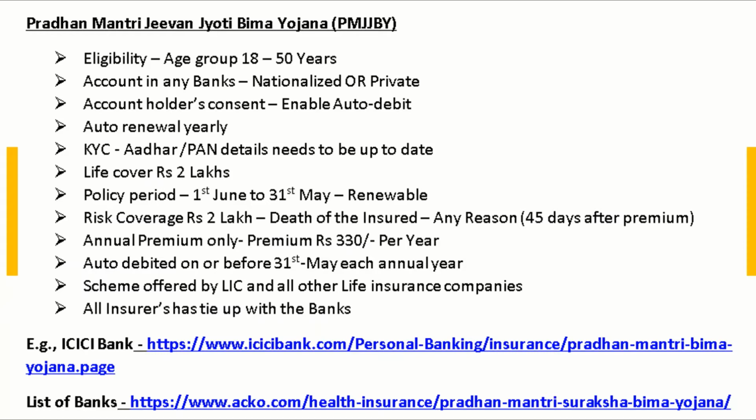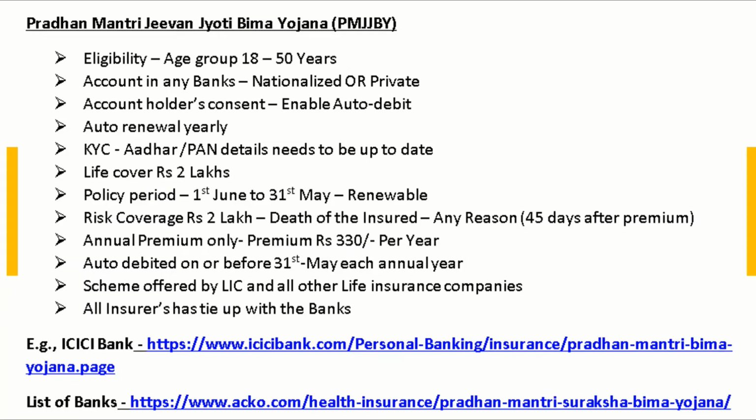And make sure that your KYC is up to date in the bank, like Aadhaar, PAN details, everything should be up to date. The life cover for this policy is 2 lakhs. The policy period is like 1st June to 31st May. So renewable every year. Make sure that you auto renew this policy. And risk coverage for this policy is like 2 lakhs for the death of the insured.